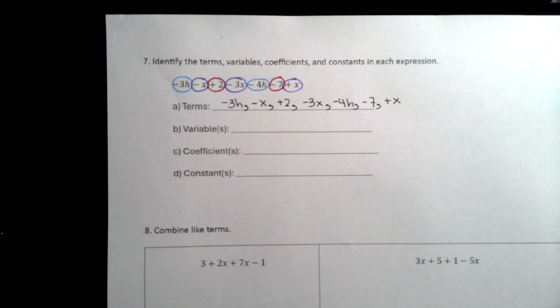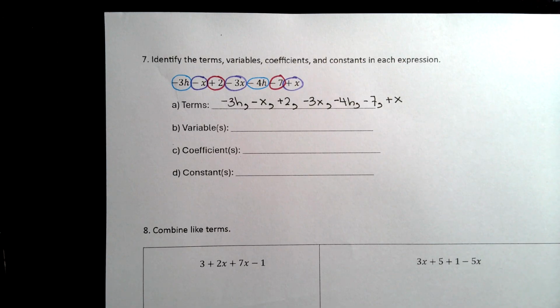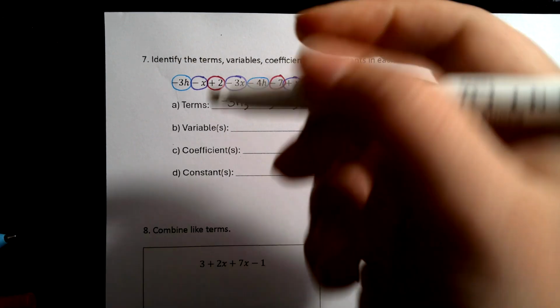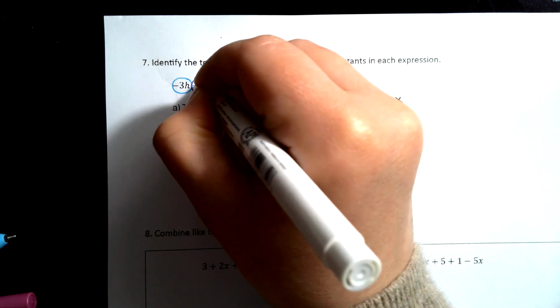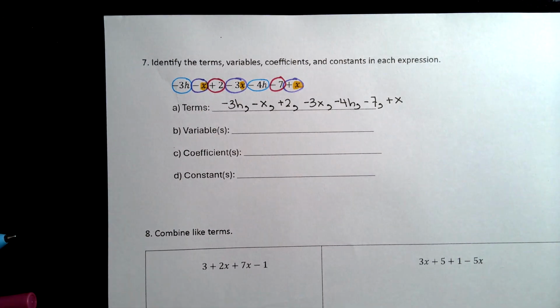Next, we are going to be talking about variables. Now, variables are our letters. So if we take a look at what letters we have, we have a couple different letters. So I have an x here. Oh, I have another x.